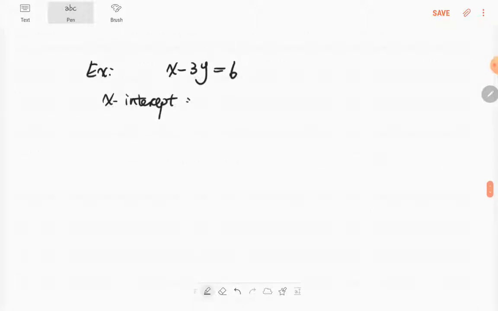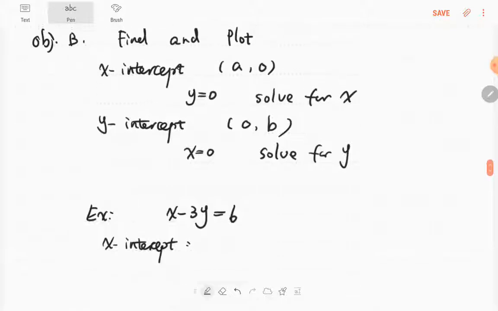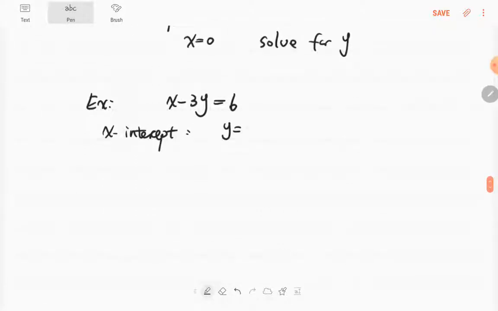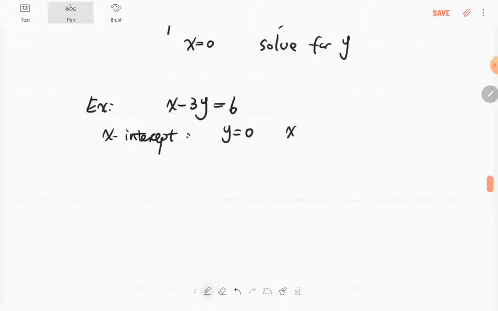Remember, if we want to get the x-intercept, we set y equal to 0. Then we use 0 to replace the y in the equation, so the equation will be x minus 3 times 0 equals 6. So x automatically equals 6.